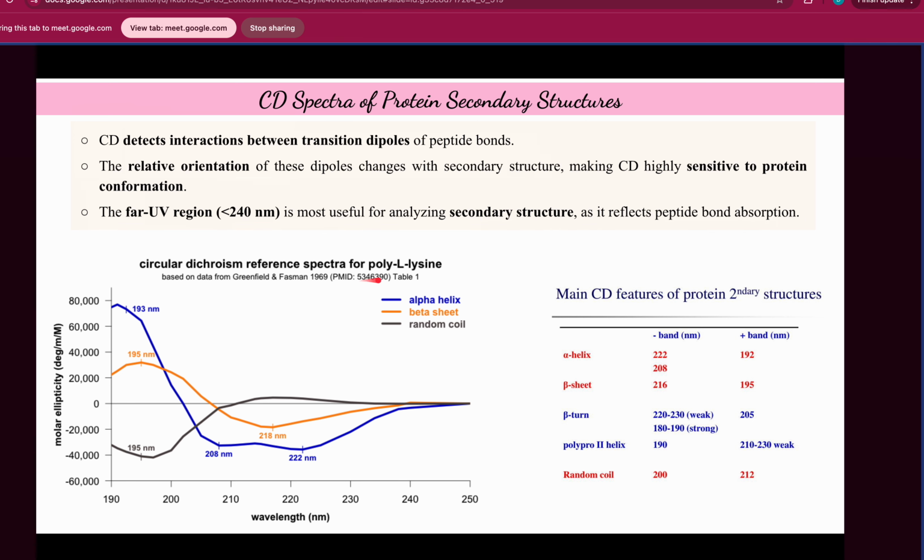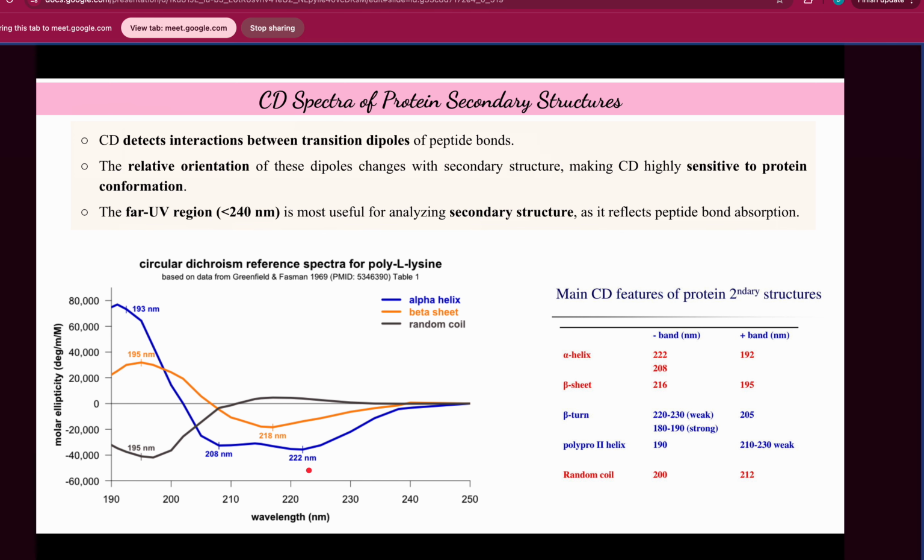So this is the example in which polylysine is considered, a peptide composed of multiple lysines joined together. When this was compared, it was observed that when this peptide adopts the alpha helical secondary structure, the molar ellipticity value shows a first peak at 193 nanometers, and then two negative peaks at 208 and 222 nanometers.